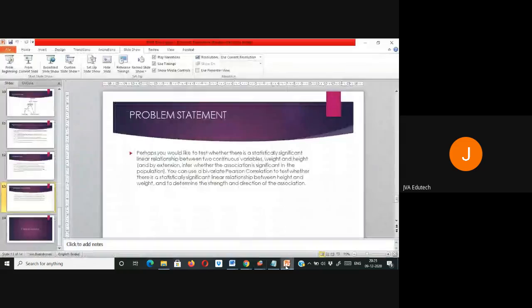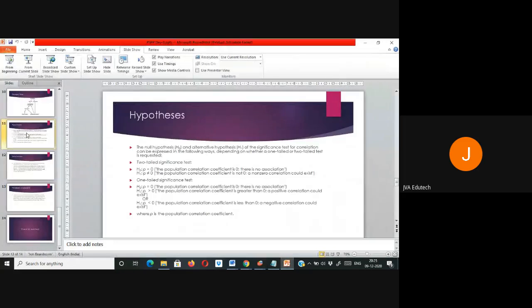The null will be rho is equal to 0, that is, no correlation exists, and the alternative will be rho is greater than 0 or rho is less than 0. If you are taking two-tailed, then you will frame the hypothesis like this: rho is equal to 0 and rho is not equal to 0.